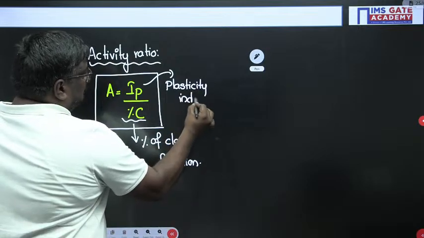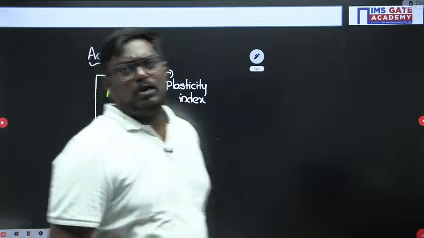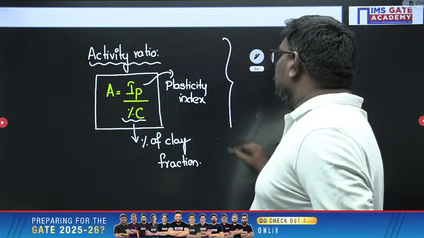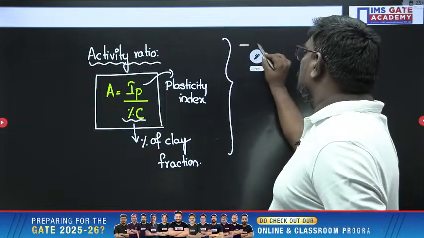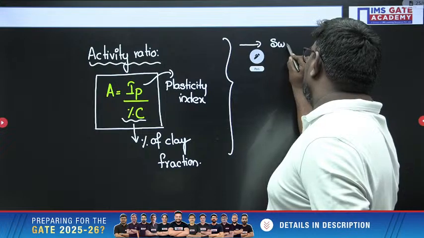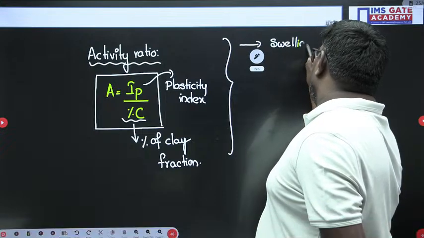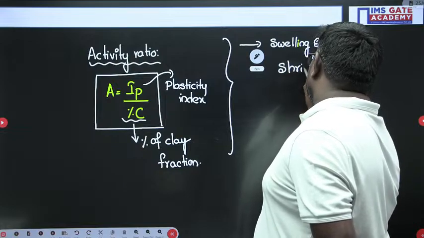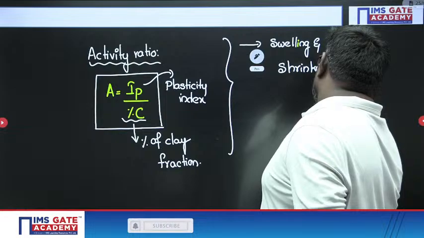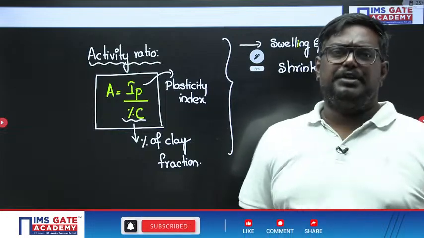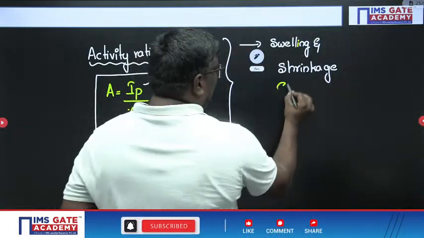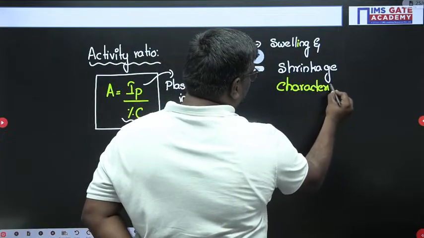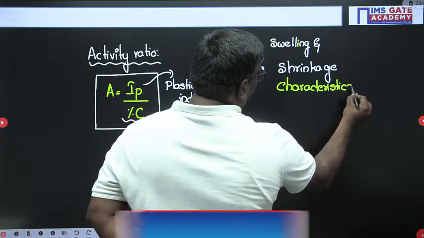Now, you can ask me, sir, why do you want to study about activity ratio? Remember, my dear students, the activity ratio will help you to understand the swelling and shrinkage characteristics of the soil. Sir, swelling is nothing but bulging and shrinkage is nothing but volume reduction.